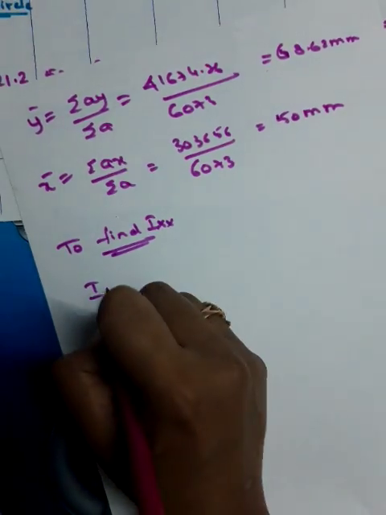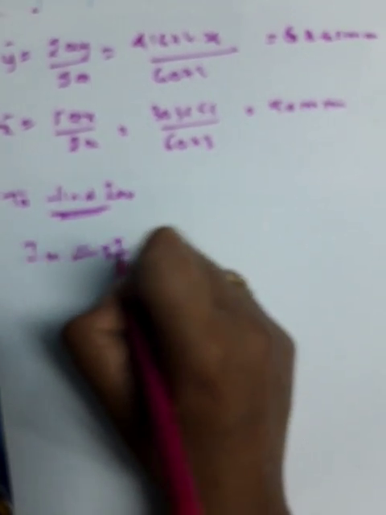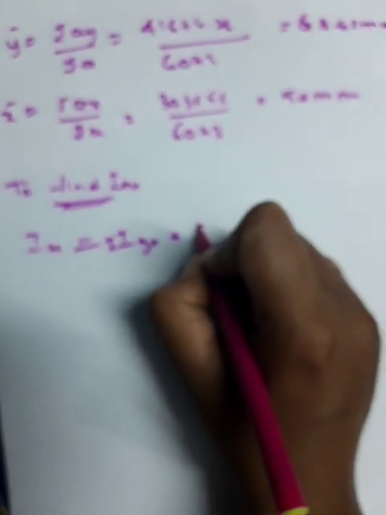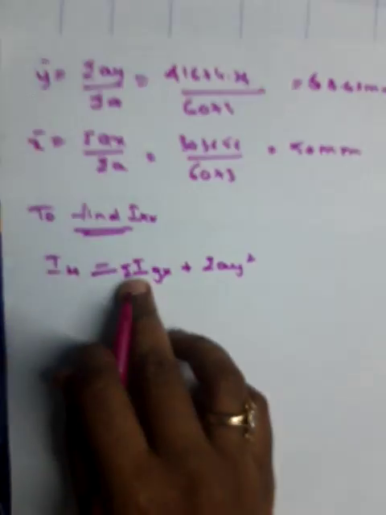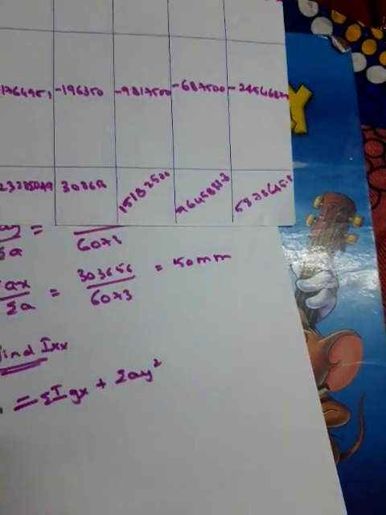Okay, so for Ixx I'll use the equation. So this particular equation is the parallel axis theorem. So I'll just use the parallel axis theorem here, and these two values you will be getting in the tabular column itself.